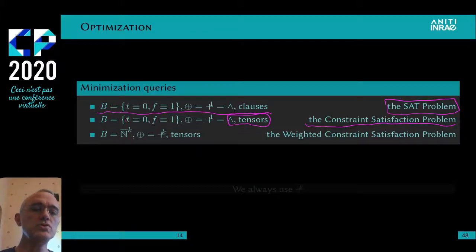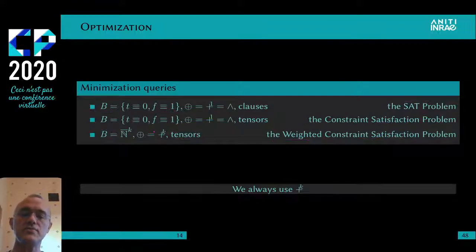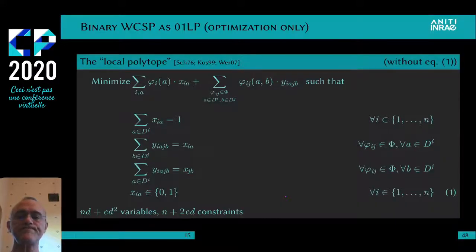And if you use a more extensive numerical scale, like this set here, and tensors, you are actually solving the weighted constraint satisfaction problem. If you see, you can always use the same operator all along, so in the rest of the tutorial we always use this operator. It can be logical or numerical, it works the same. Obviously, those problems are all NP-hard or decision NP-complete. You can try to solve them using ILP.